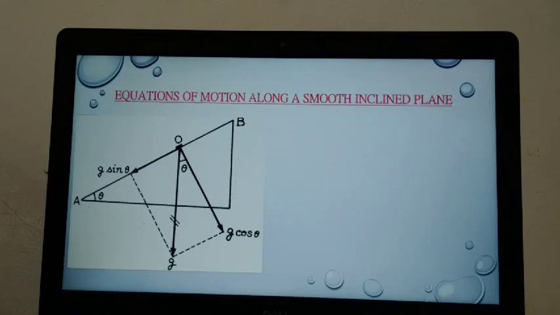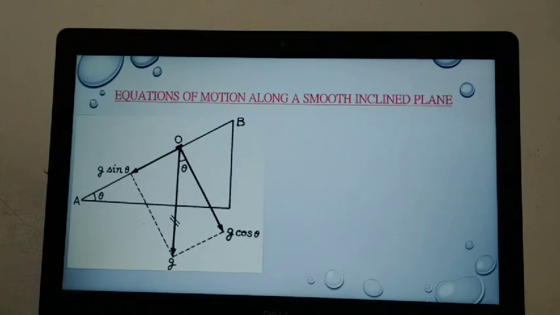And g is acting vertically downwards, which makes an angle theta with the perpendicular to the inclined plane, so that g can have two components. We will come to that when we are talking about vectors, it will be more clear. Anyhow, here you have to remember that g can be split into two components.